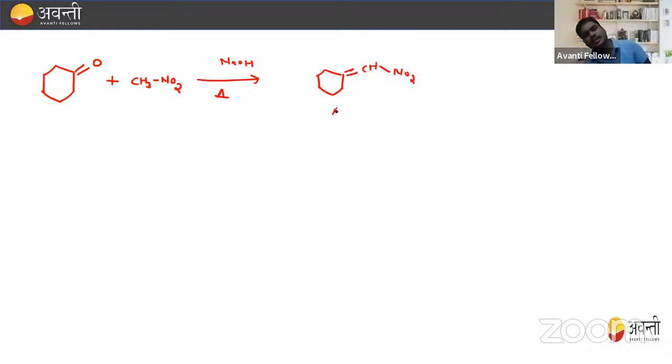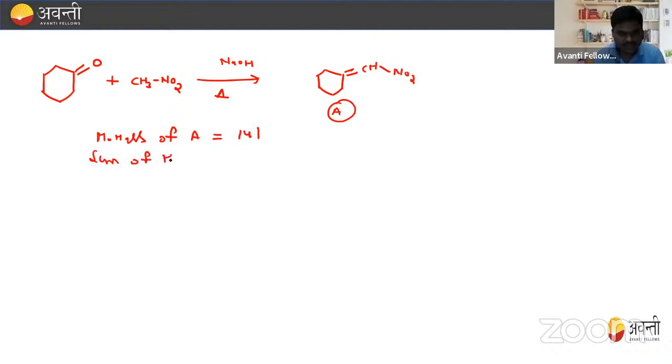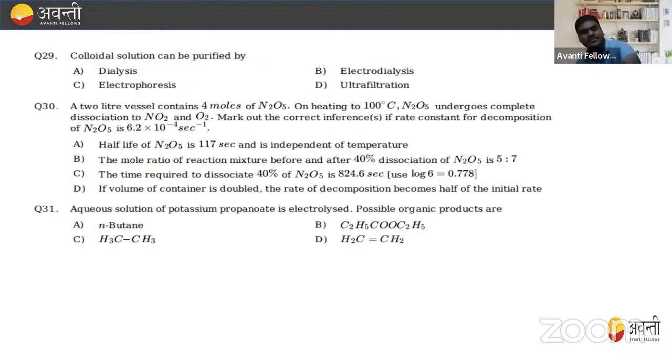Okay, so this is A. The molecular mass of A is nothing but 141. So the sum of the digits, that is 1 plus 4 plus 1 is equal to 6, right? So 6 is the correct answer for this question.